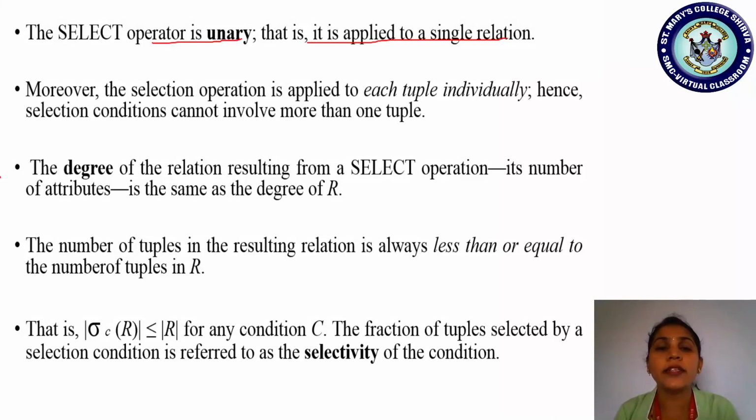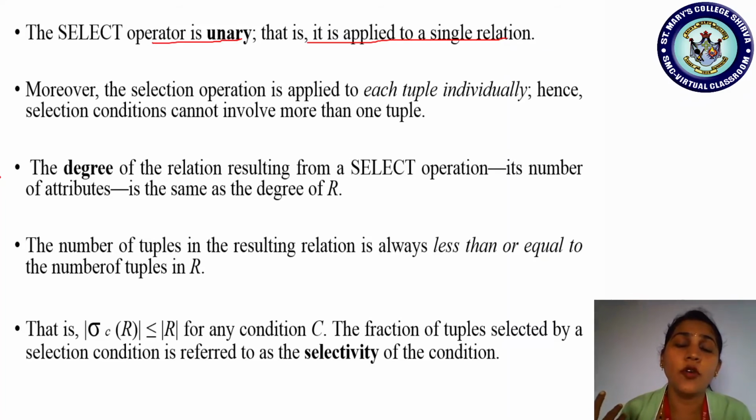So the selection operator is applied to each tuple, to all the tuples it is trying to verify. It is checking whether it is matching or not. Individually to all the tuples it is going to match the given condition. Hence selection conditions cannot involve more than one tuple. Selection conditions cannot be applied to more than one particular tuple at a time.